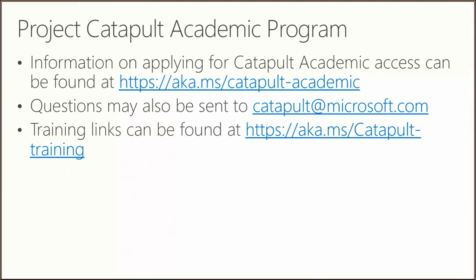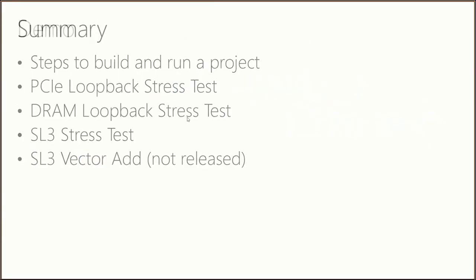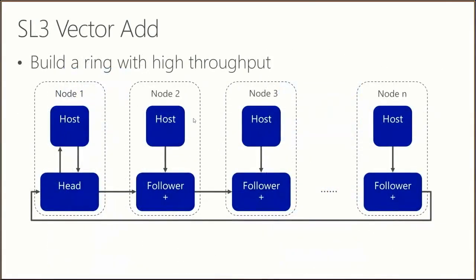Hey, thanks. This is David. I have a question. Thanks, Rob, for putting my initial question out. On the example of vector addition over SL3, if you don't mind, maybe going back to the slide. I recall you're saying that the followers do the addition and then send the results to the head. What actually initiates the processing?